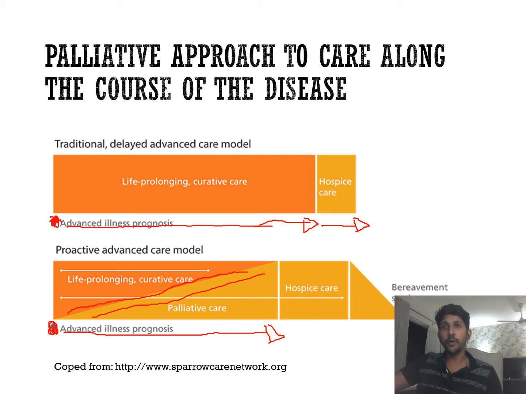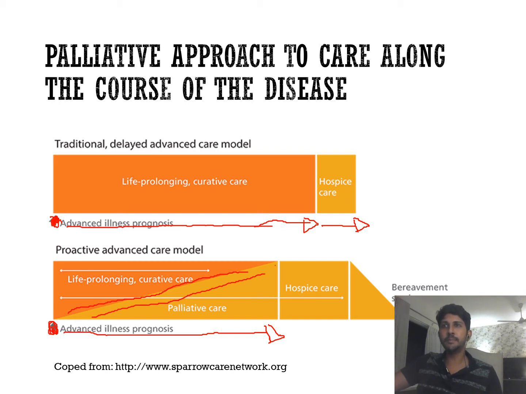It is also noteworthy that palliative care is introduced right at the beginning, right at the point where the patient is diagnosed with the illness, and then it slightly advances as the disease progresses.